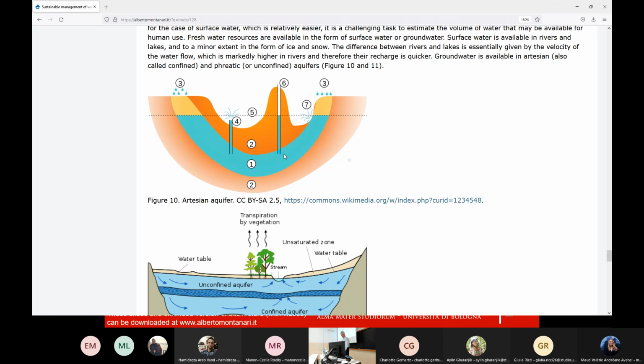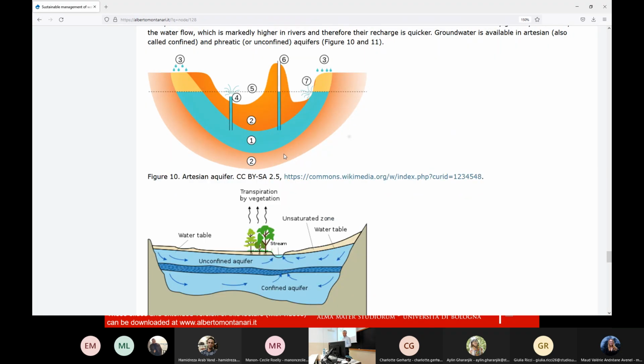If you look at the bottom figure, it's a different configuration. You have an unconfined layer. Actually, in alluvial areas, which most of the valleys are, you get several layers, one over the other, because they are the result of the deposition of several layers of sediments. Alluvial areas are formed by the deposition of sediments in different periods.